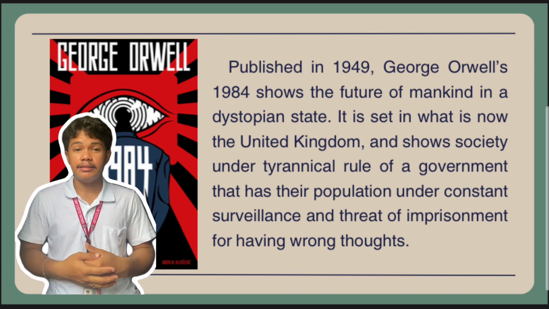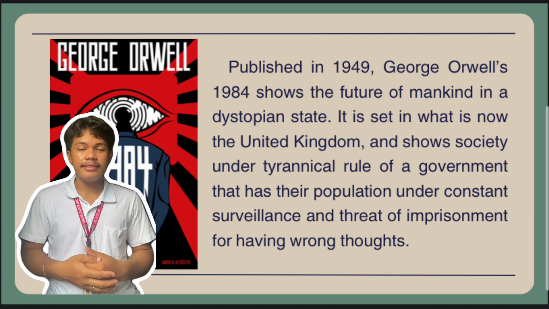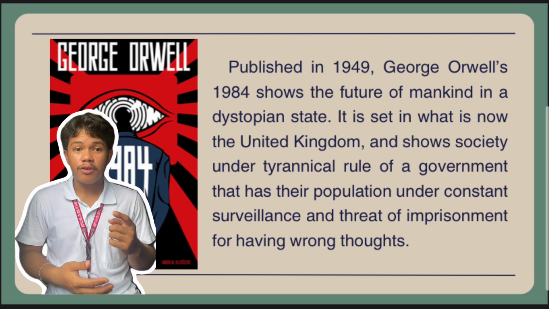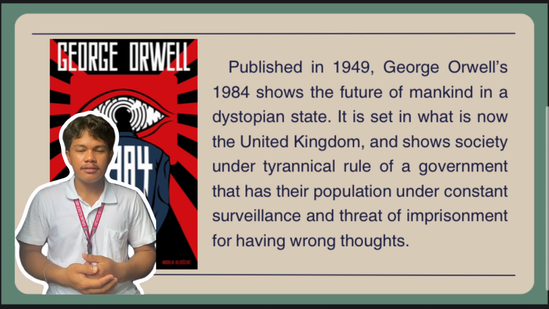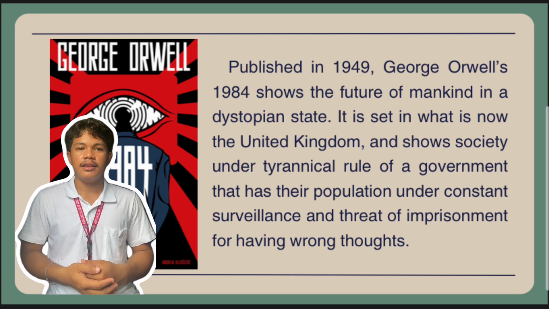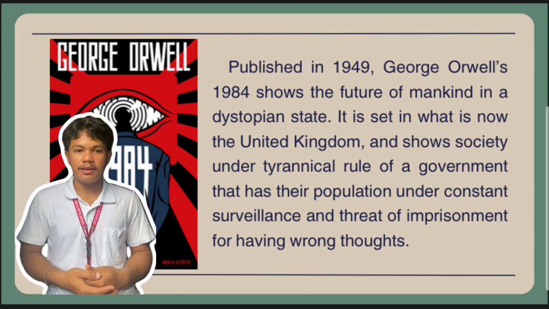It is often depicted as a futuristic society that has gone terribly wrong, often due to technological advancements or social systems. It is set in what is now the United Kingdom and shows society under the tyrannical rule of a government that has its population under constant surveillance and threat of imprisonment for having wrong thoughts.